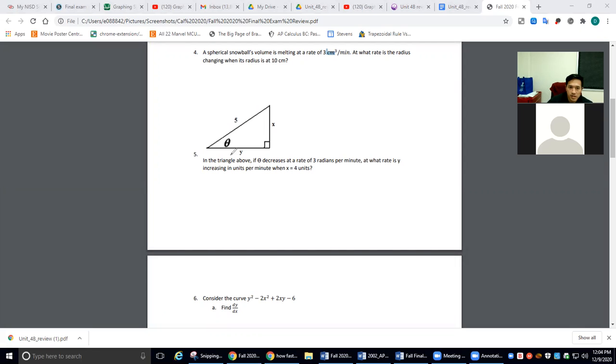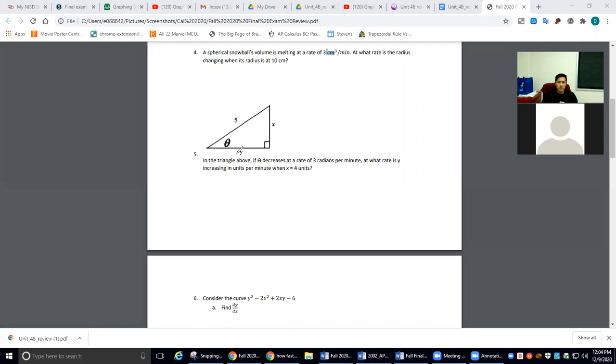So first, if I want to find the rate at which y is changing with respect to x and looking at theta, I have several ways of doing this. I have a triangle. So this should come back from your trig days, okay? What trig function associates x and y?